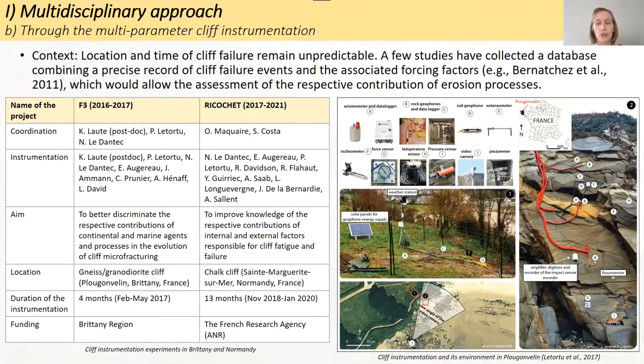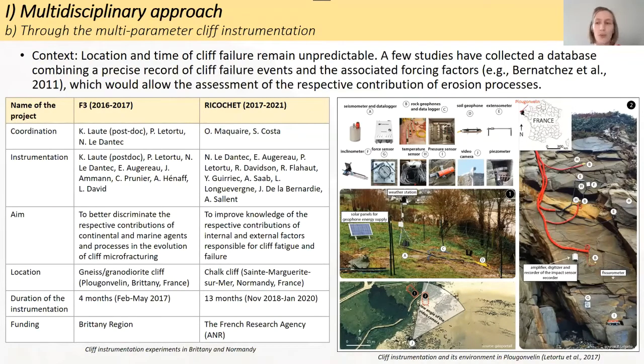The external factors include continental ones, precipitation and temperature; marine ones, tide; and anthropogenic phenomena, for example, coastal defense structures that modified the sediment budget. A few studies have collected a database combining a precise record of cliff failure events and the associated forcing factors, which would allow the assessment of the respective contribution of the erosion processes.